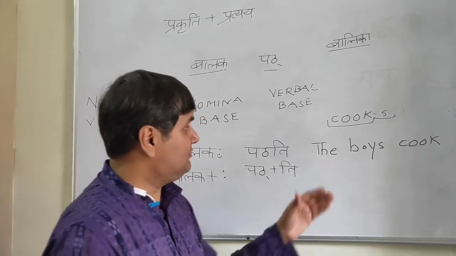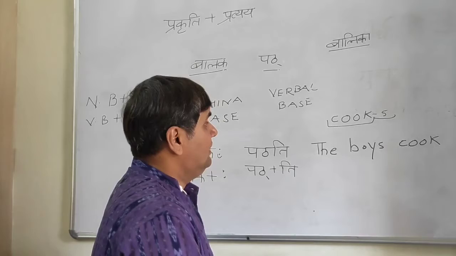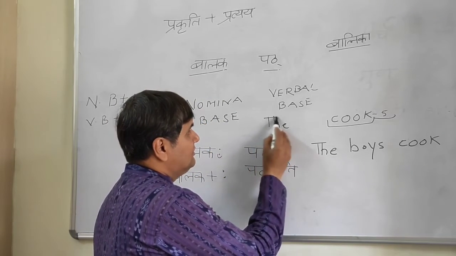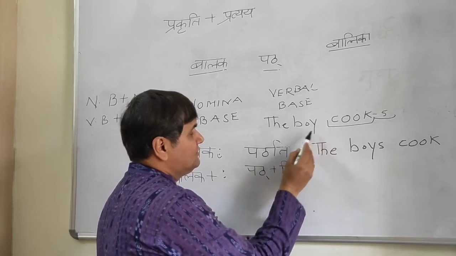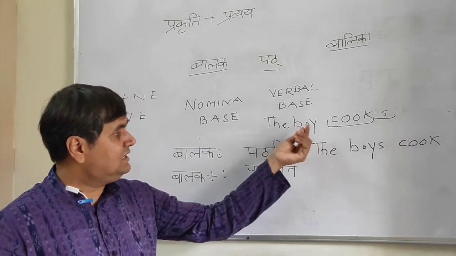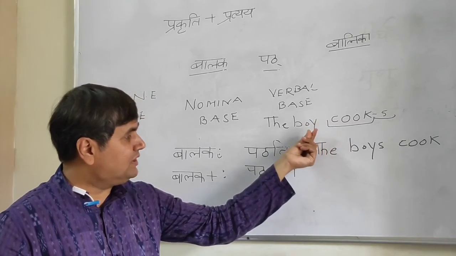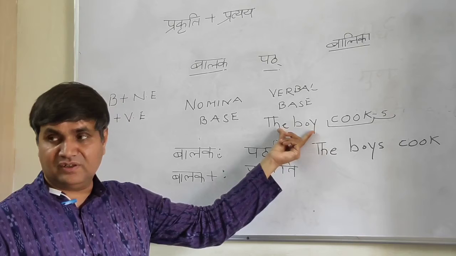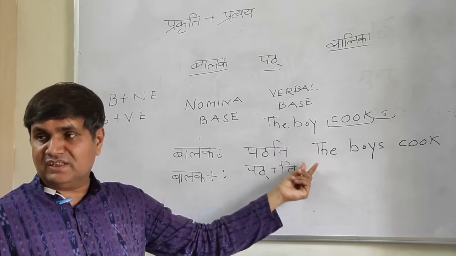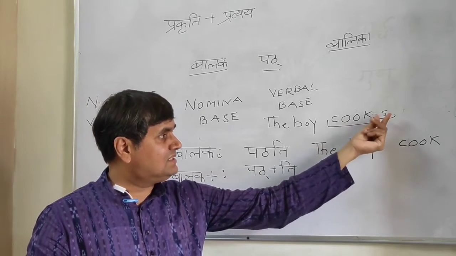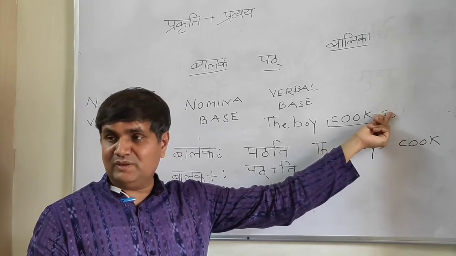So the boy cooks. You do not see the nominal ending component in this word, but it is very much there. And in this case, this verbal ending is visible.